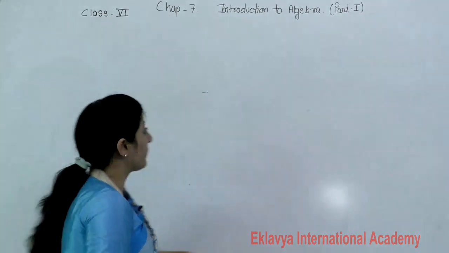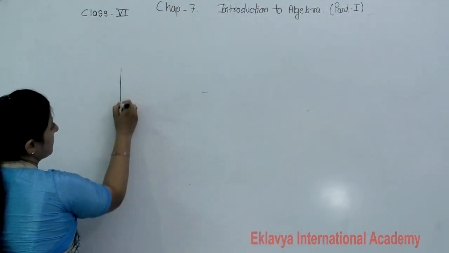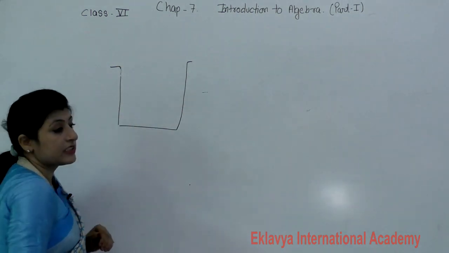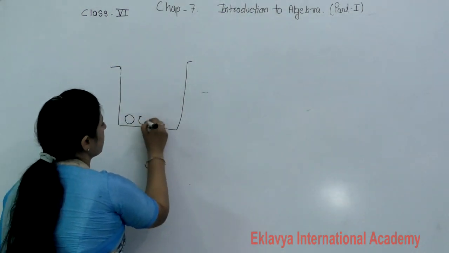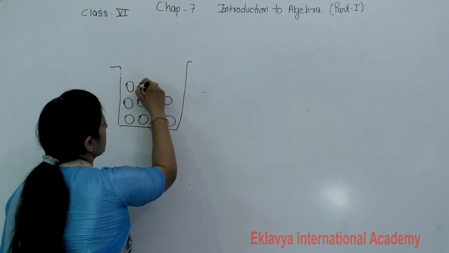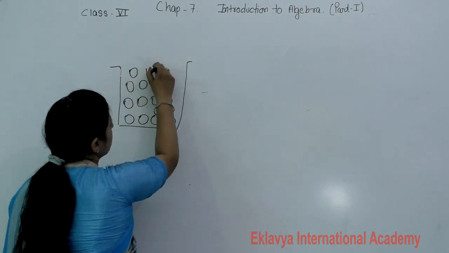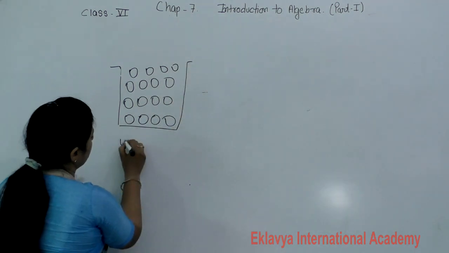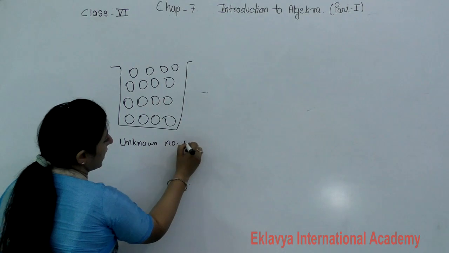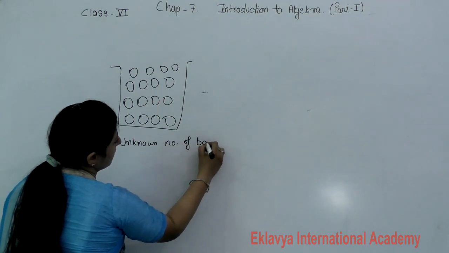See now, if we take one bag, there are so many balls. We don't know how many balls, but there are so many balls. We don't know, so we write down unknown number of balls.